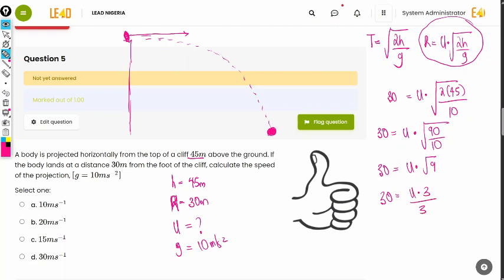I can divide both sides by 3 and I would get u as 10. So my u is equal to 10 meters per second. My initial projection horizontally, the initial velocity given to it, was 10 meters per second, purely horizontal velocity. So that's option A.